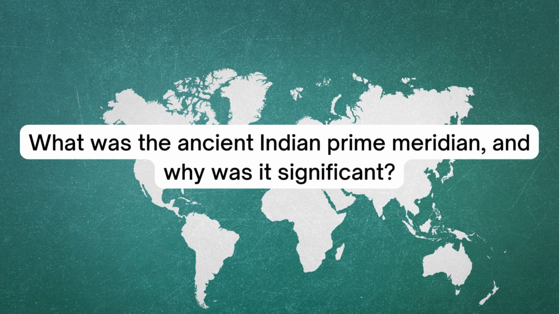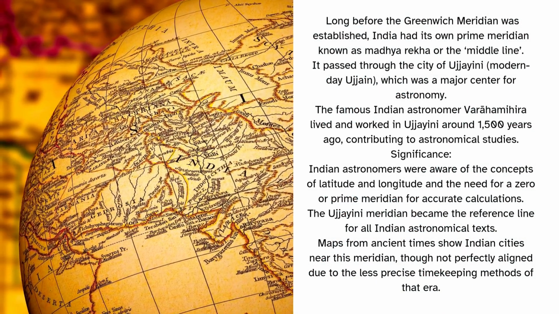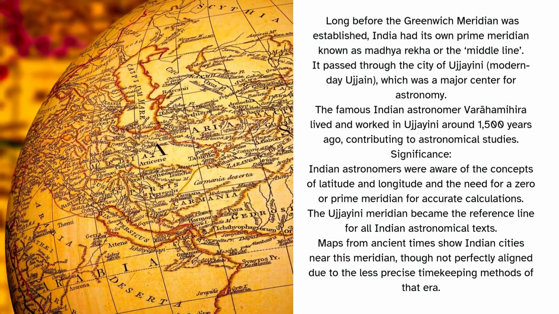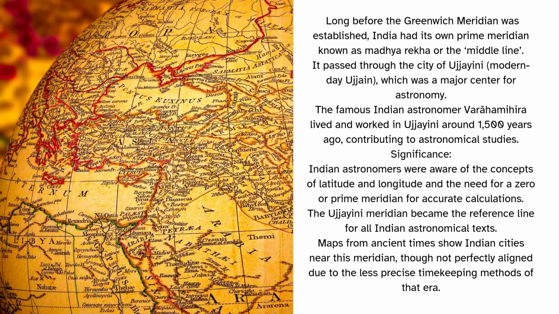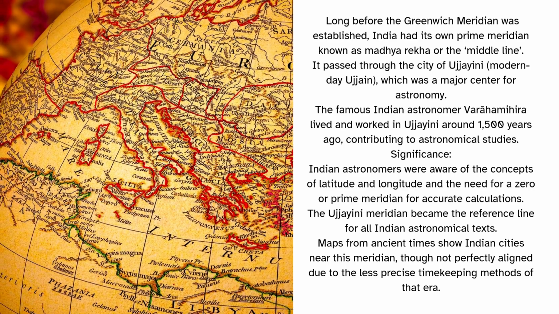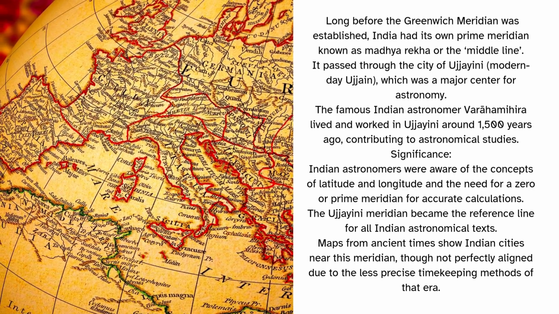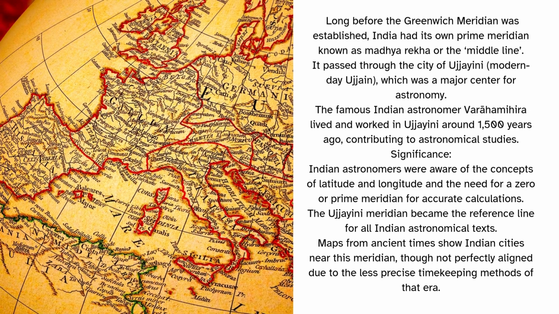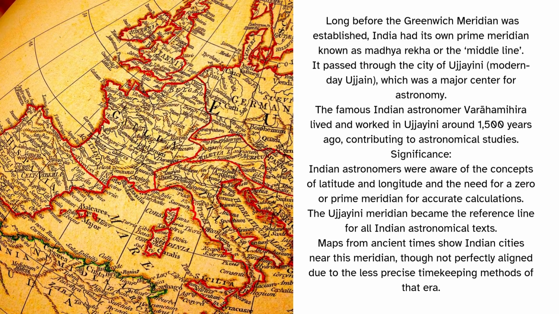We have discussed the prime meridian. But what was the ancient prime meridian and why was it significant? Long before the Greenwich meridian was established, India had its own prime meridian known as Madhya Rekha, or the middle line, and it passed through the city of Ujjain, which was a center for astronomy.